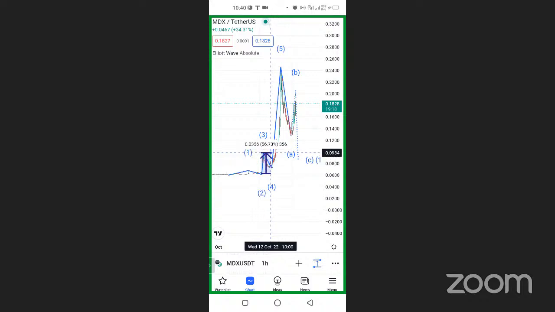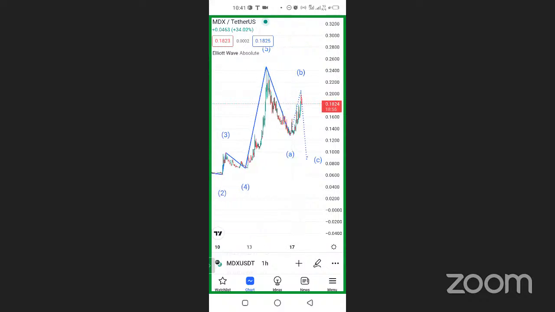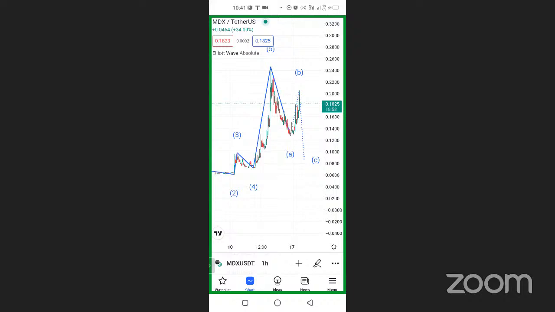Let me try to see if this can bring out what I'm talking about. It may not come out very well, but it can never be the shortest, wave number 3, unless there is market manipulation.